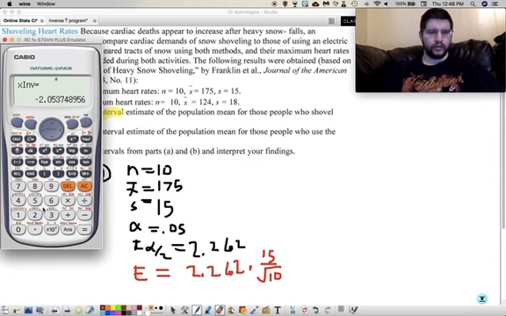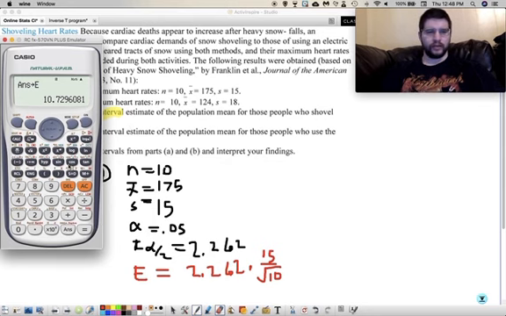Oops, go to mode 1. 2.262 times 15 over square root of 10. That gives me my error. I'm going to store that to E for error.